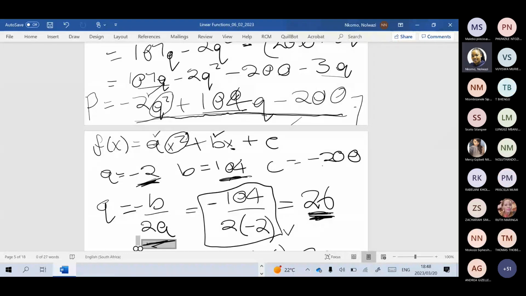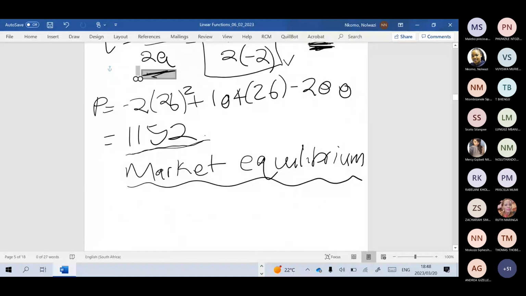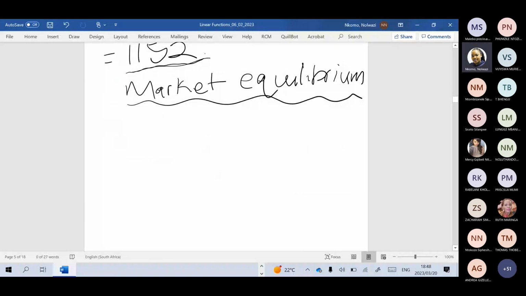Okay, let's move on to market equilibrium. Again, we now look at demand and supply functions and how we can find the market at equilibrium. Remember that at equilibrium, we have the demand of a quantity equals the supply of a quantity.